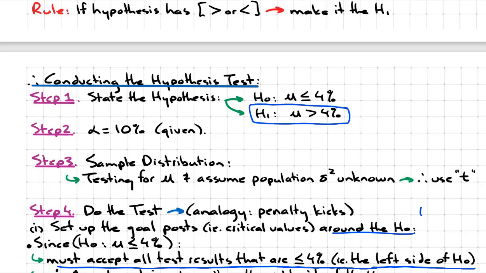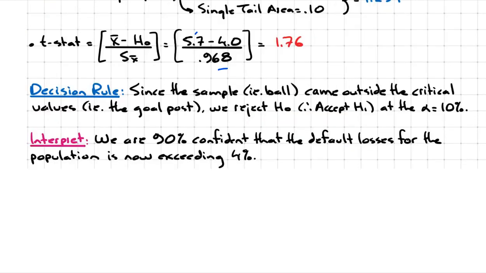And this is why setting up the steps in hypothesis testing is so important, because everything is structured. At the very end of this process, we said we're going to go with the alternative. Well, what is the alternative saying? It's saying that the average default loss is exceeding 4%, which is exactly the conclusion we draw at the end.